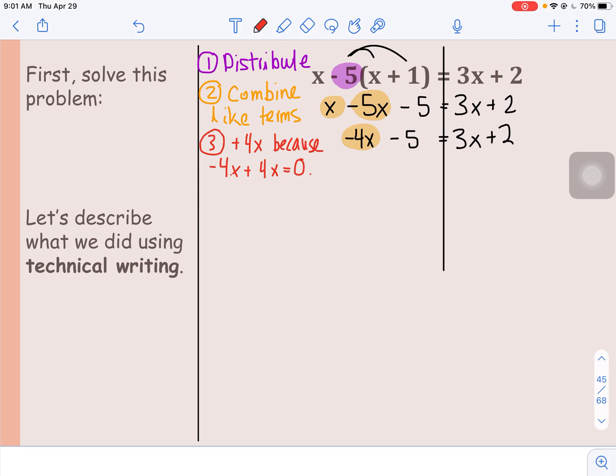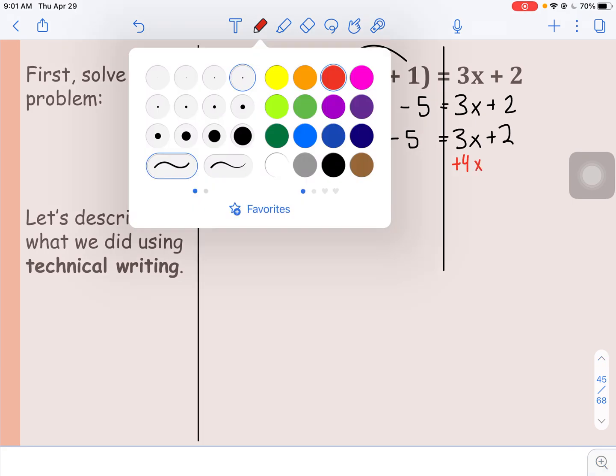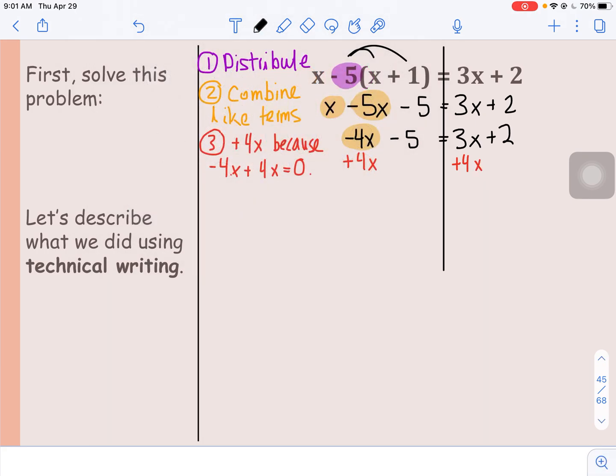They cancel each other out. So I'm going to add 4x to both sides. -4x plus 4x is 0 minus 5 equals 7x plus 2, or -5 equals 7x plus 2.